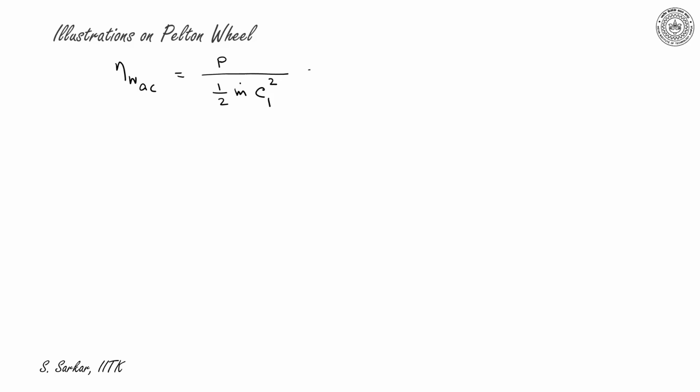So from here I can calculate M dot as P divided by half eta wheel efficiency actual into C1 square.